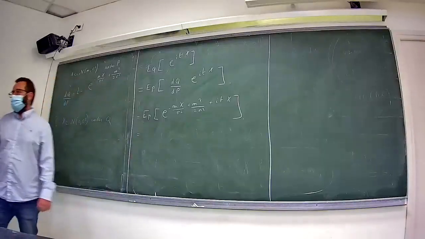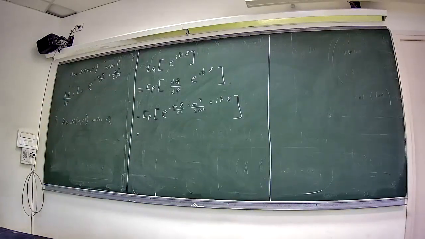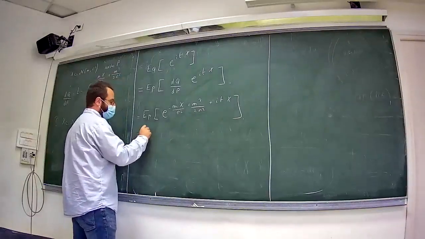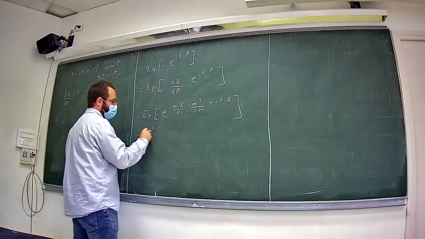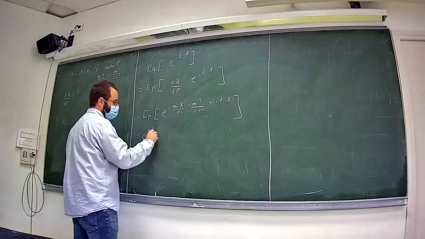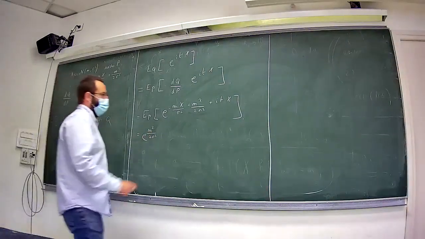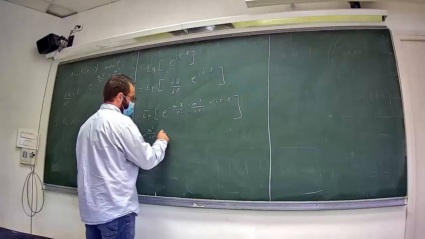And what are we going to use? We are going to use the fact that I know what happens for the characteristic function of X under P. Okay, that's what we are going to use. So first, here I have a constant that I can remove from the expectation. I have this one, okay, and I want to compute this.